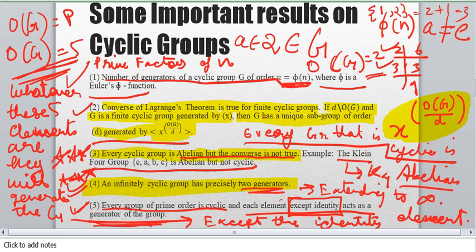If I do 1 plus 1 plus 1, then I get again 3. So you see the elements are generating somewhat the group. The order of this group is 2. Order of G is 2, right? So that's how it's happening.